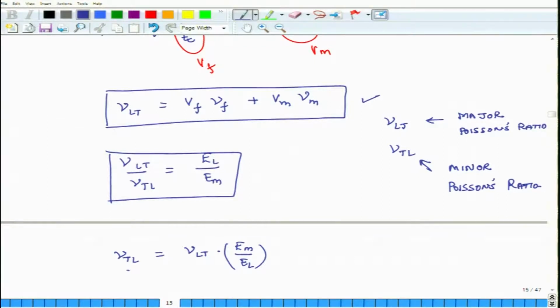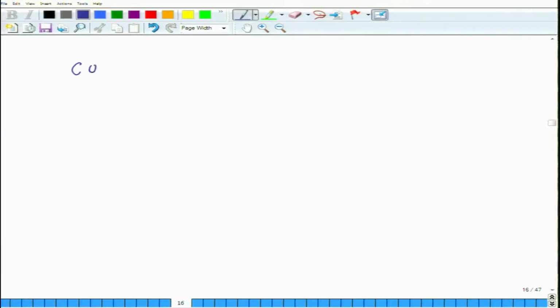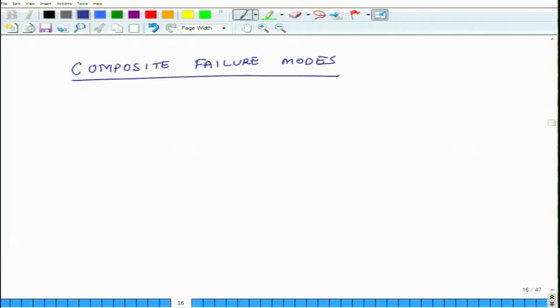Next, what we will start discussing are composite failure modes. Okay. So, what will we cover in this? First thing is that the discussion on composite failure modes will be primarily subjective in nature.